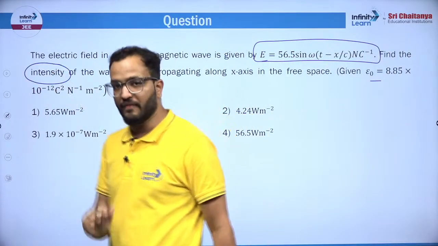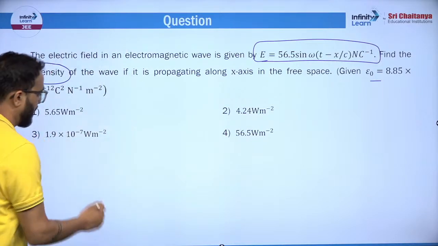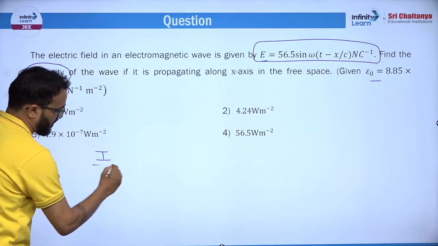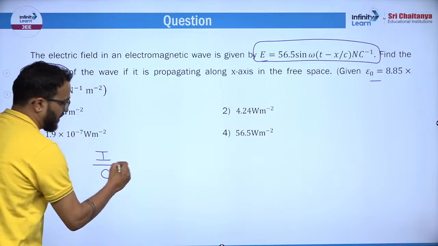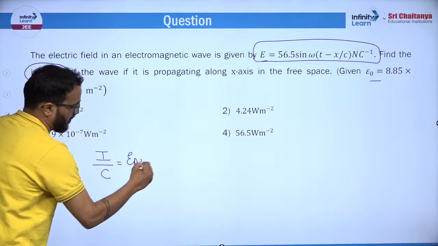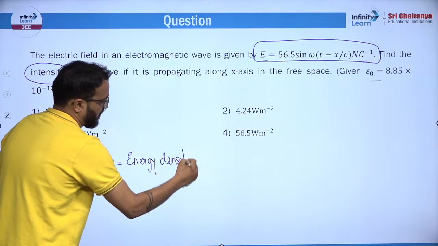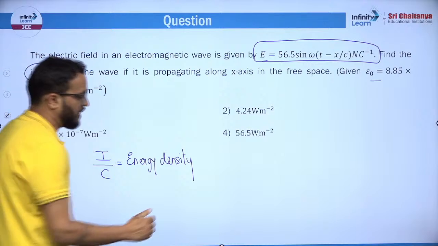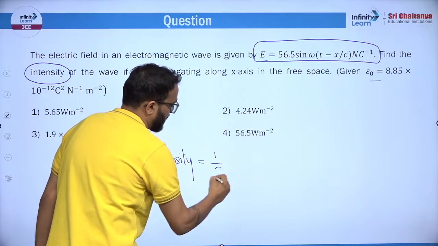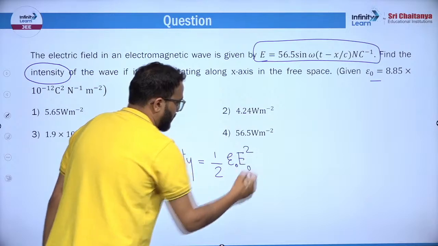So there is a very common formula that I by c is energy density in electromagnetic waves. And what is that energy density? You will say, sir, overall it is half epsilon naught E naught square.